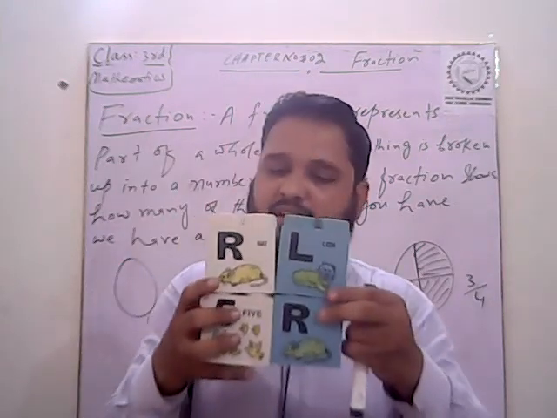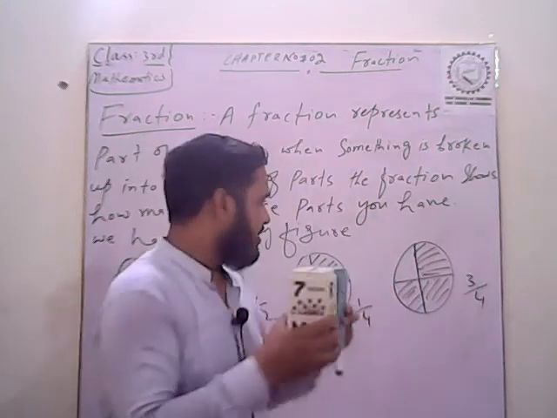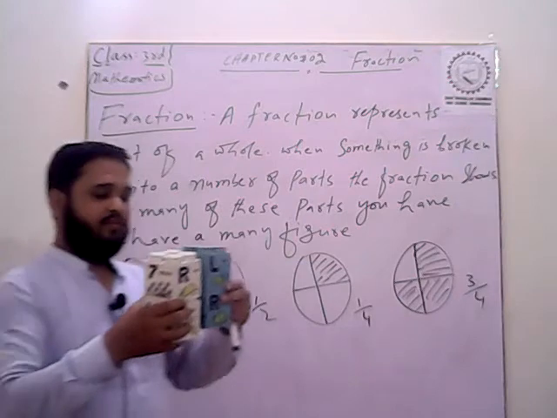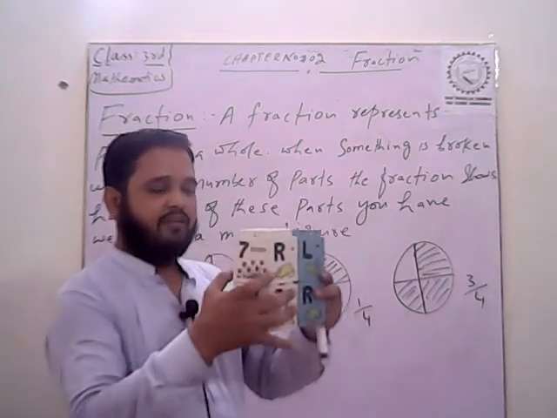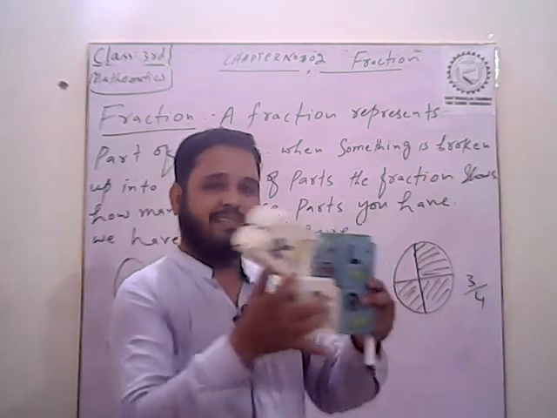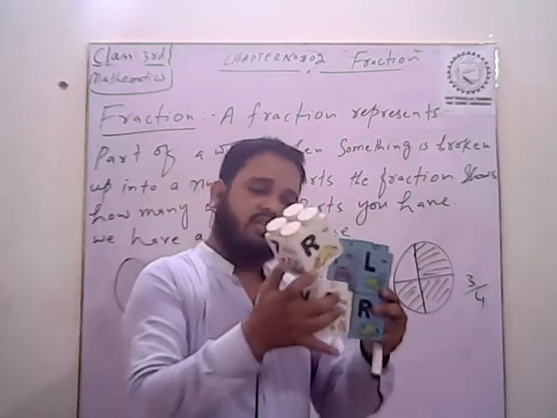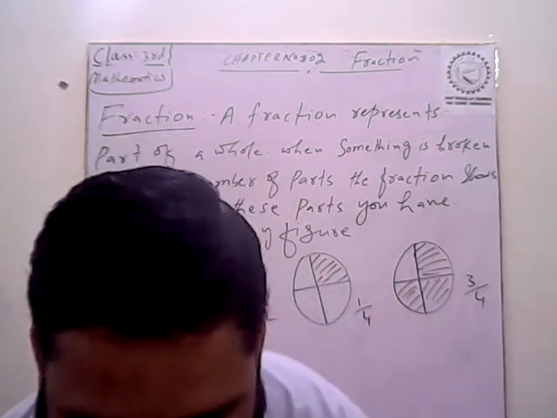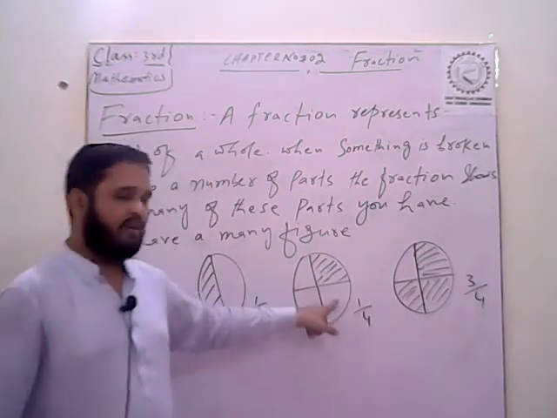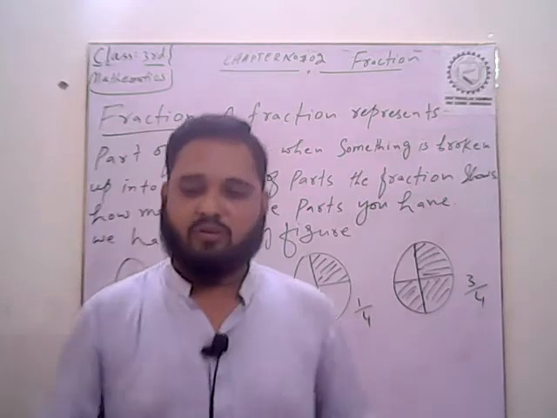This is a figure of a square. You can see a circle. Student, if we cut slightly 1 part, for example this, then we write in the form of 1 upon 4. Okay.